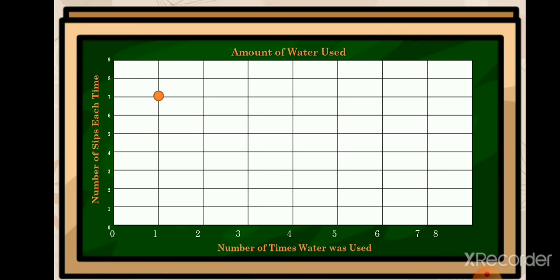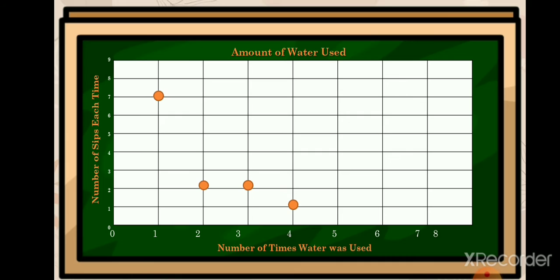So in which line of the graph will we put the dots? So let us put the dot here and here. Okay? The fourth time, you only took 2 sips. So let's put the dot here.